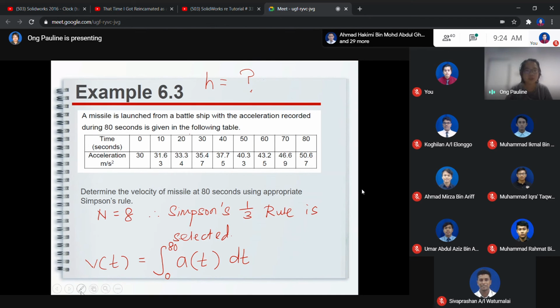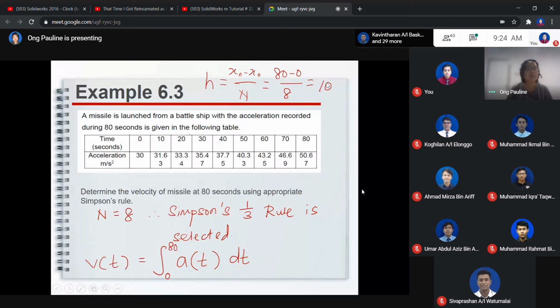Okay, H equals, okay, so you might want to use this equation. H equals upper bound minus lower bound divided by N. So upper bound is 80, right? Okay, lower bound is 0. Okay, divide by 8. So you get 10.